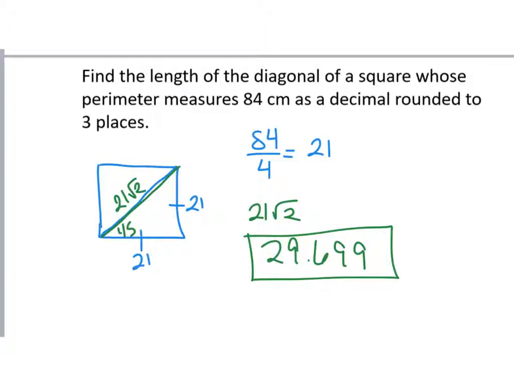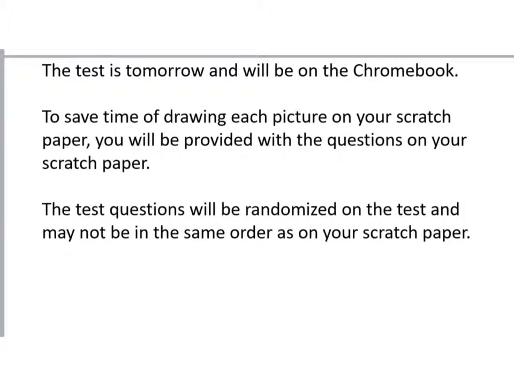Okay? All right. So your test is going to be tomorrow, and it will be on the Chromebook, but to save you a little bit of time, instead of having to draw each picture on your own scratch paper, I'm going to give you all the questions on your scratch paper. They'll be divided: all the things from the first quiz will be together, all the things from the first test will be together, and all the questions from the test from last Friday will be together.